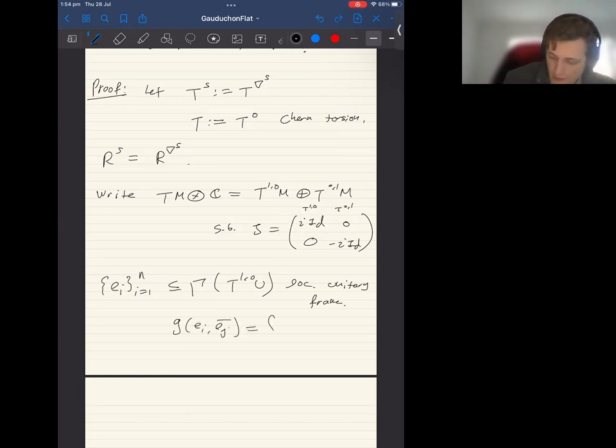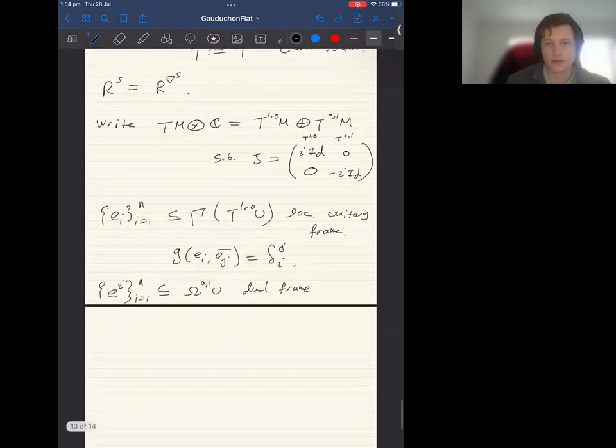This is what it means to be unitary: we just want it to be orthonormal at every point. If we raise the index on these, we'll call that the dual frame.